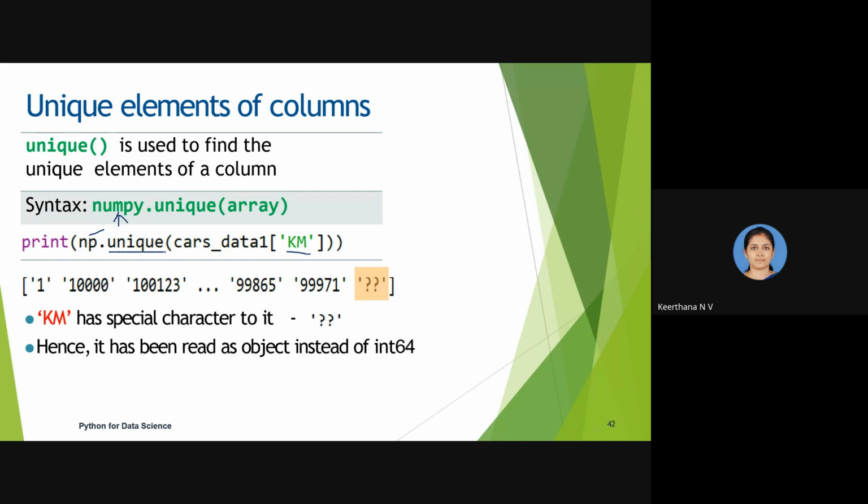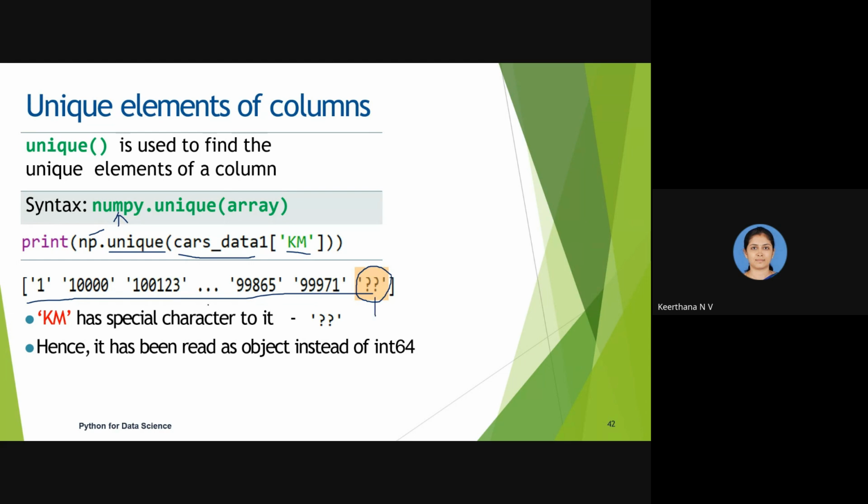In the bracket I have to give the data frame, and in square brackets my column name. So my output will be like this. These are the unique values present in the KM column. It also has a special character, a question mark, which is also considered a unique value.